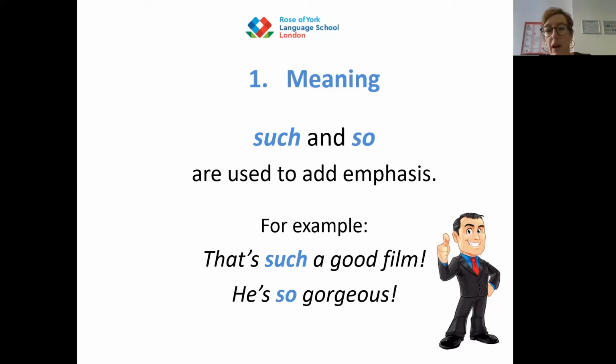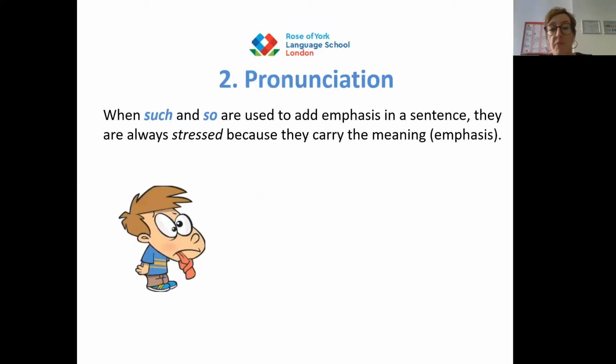What happens is that such and so, when they are used to add emphasis, are stressed words. Now, when I say stressed, it doesn't mean that they are stressed because they're overworked or because they've got a lot to do. Well, they have a lot to do in a sentence. They carry the meaning. By using such and so in a sentence, you want to stress something, you want to make something important.